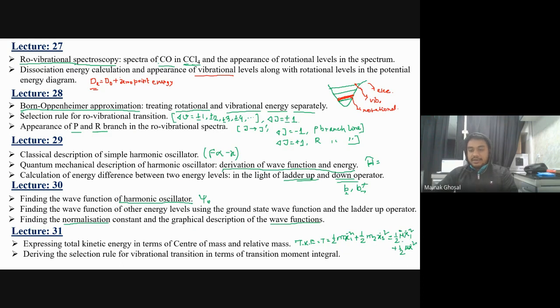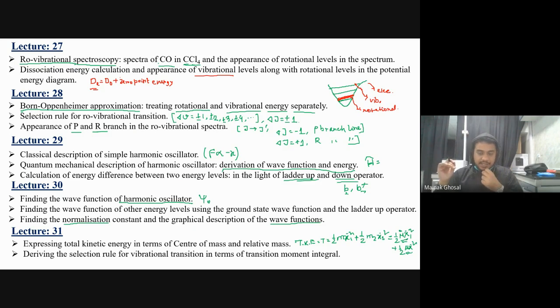That is, the coordinates of the atoms are converted to a center of mass coordinate and a relative coordinate. You can see there are two terms, this M over here and this mu over here, which represent the center of mass and the relative (reduced) mass.